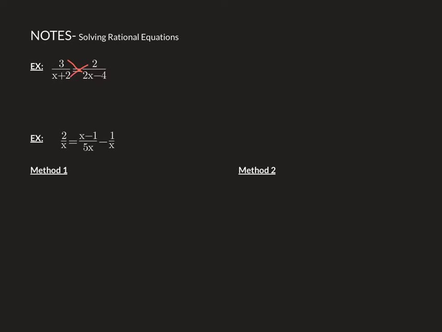The key to solving proportions, the key to solving rational equations like this, is to not forget to distribute. So when I write this, I'm going to be multiplying 3 times 2x minus 4, and that's going to be equal to 2 times x plus 2. Then it becomes a pretty easy algebra equation that I can solve.